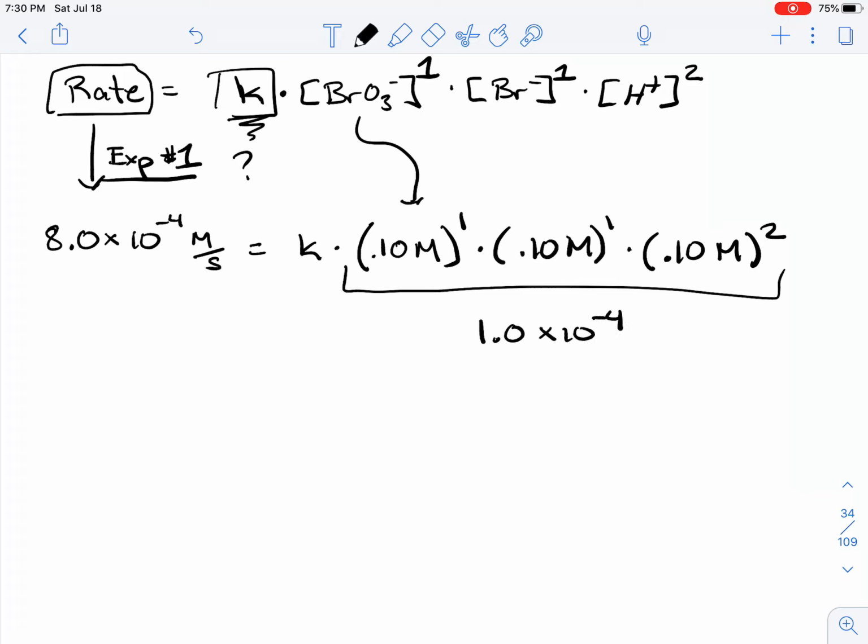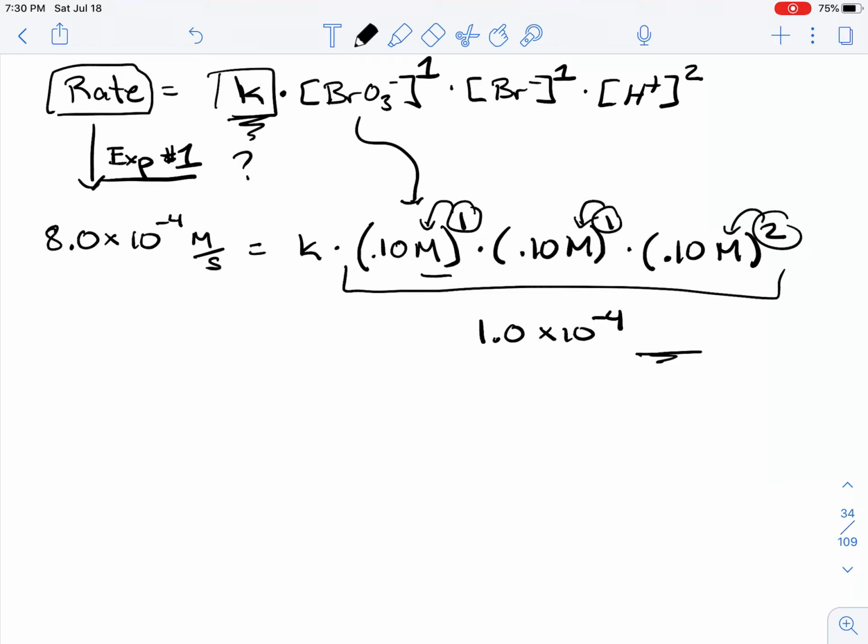Now let's go ahead and talk about units. When you multiply all three of these, you have to consider what the overall unit is after multiplying all three of those terms. You can go ahead and distribute the exponent to the unit.